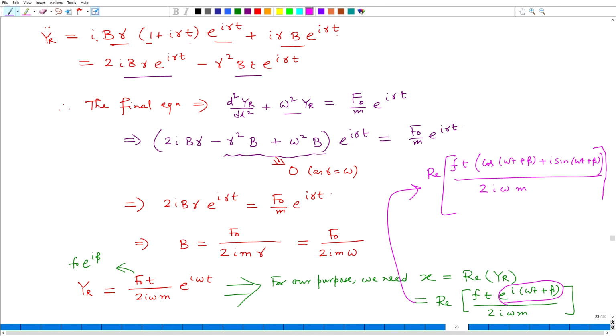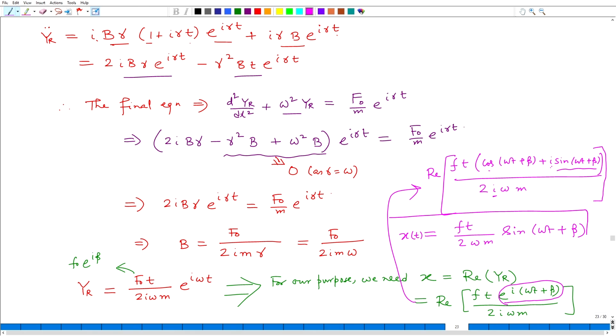Now you see, because you have an i over here, this will go with this 1 over i, which is minus i, and this i will go away. So this will become actually the real part, and finally you will have this equal to f t by 2 omega m sine omega t plus beta. What is the conclusion? So this is actually your x t.